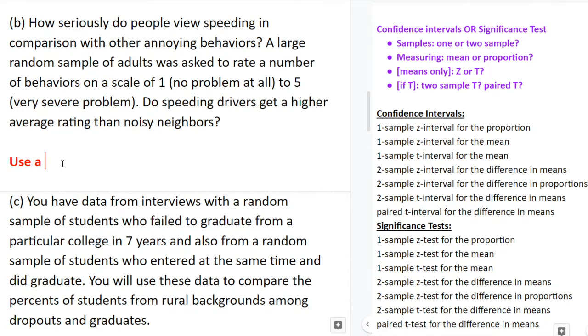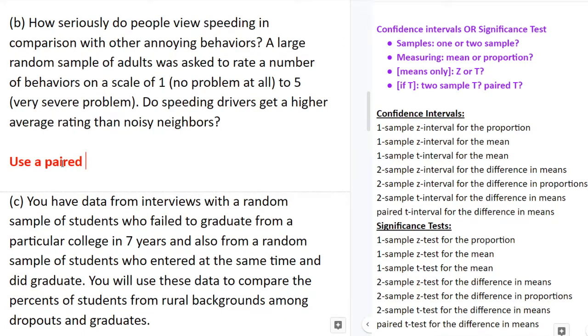And because the rater is giving two different ratings, that is the reason that it's going to be a paired test. So this is a paired test. Now it's not a confidence interval because we're not asking for the mean difference in rating. We're being asked for, is one more than the other?